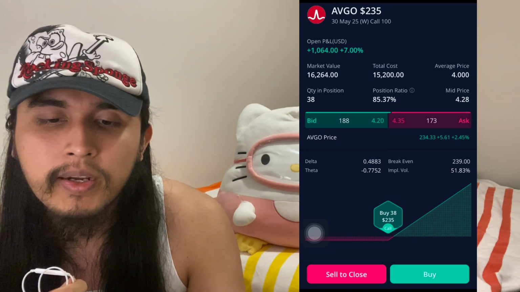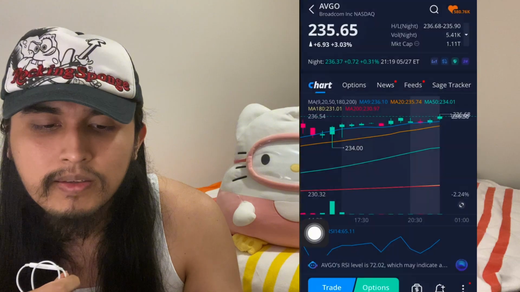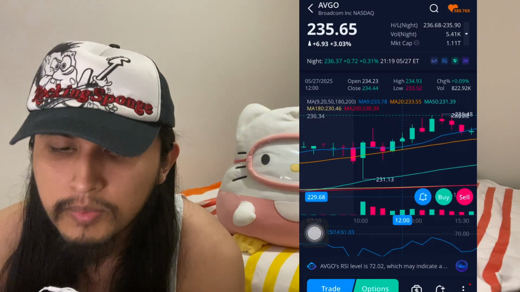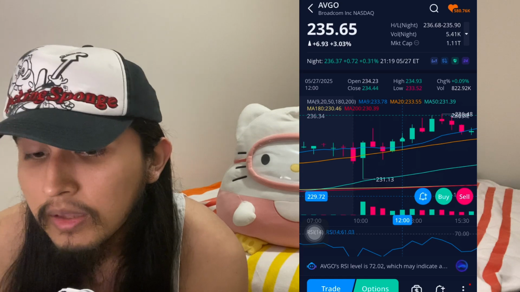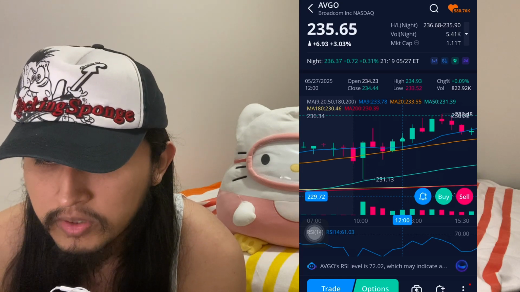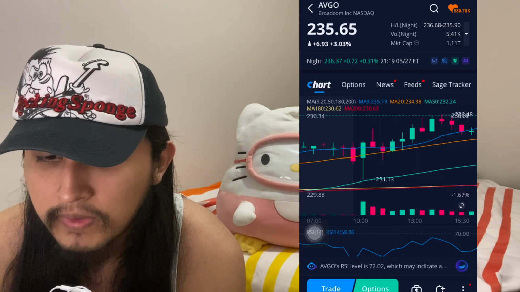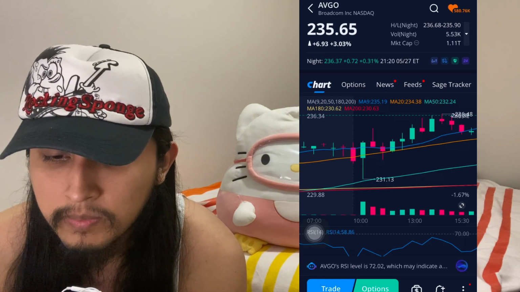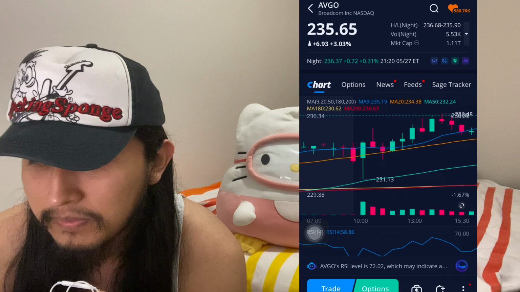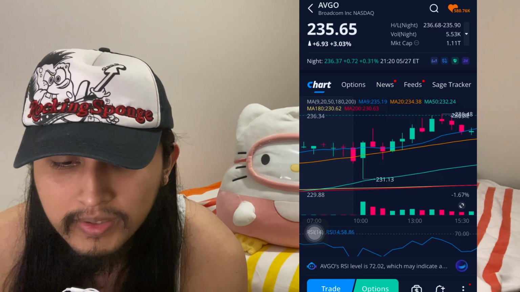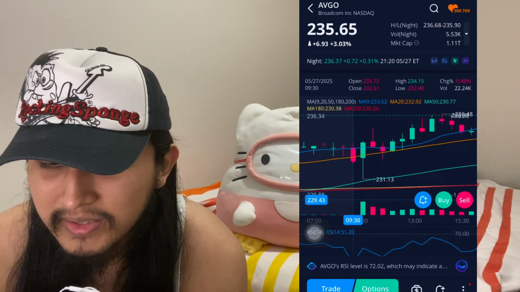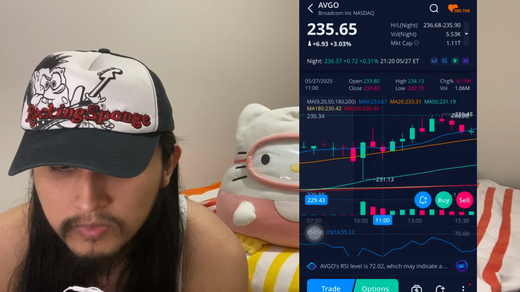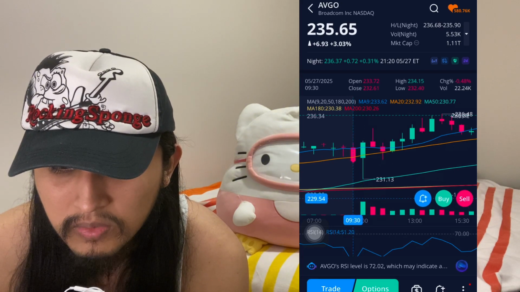So for me, I was like, okay, let me see what happens if I buy AVGO call options on the 20-day moving average. If for whatever reason AVGO decides to break the 20-day moving average support, my next entry point to dollar cost average would be once it lands on the 50-day moving average, or when it gets close to this little support level around 233, or anywhere from 232 or 231.